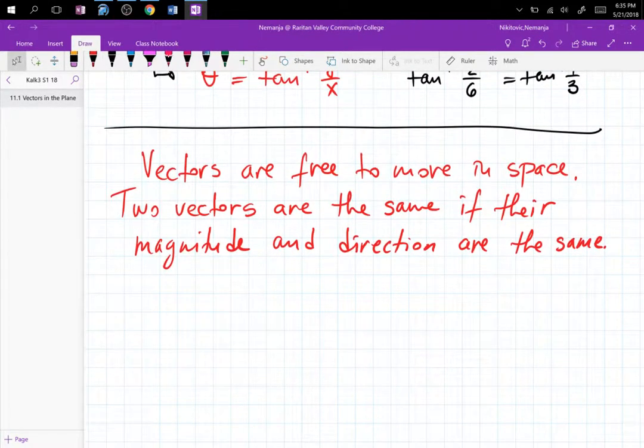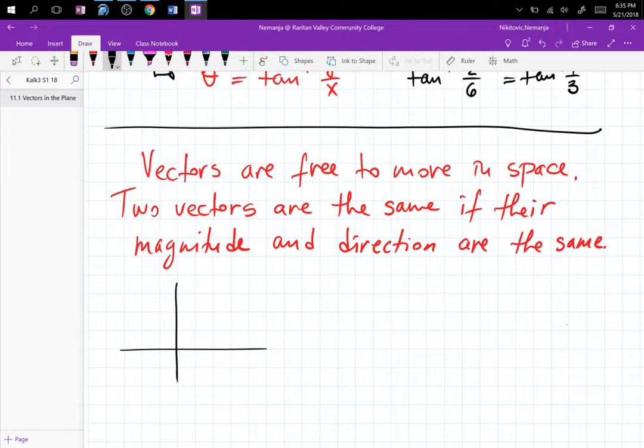So now these two together work, with the idea that you can move the vector and it's still the same vector.